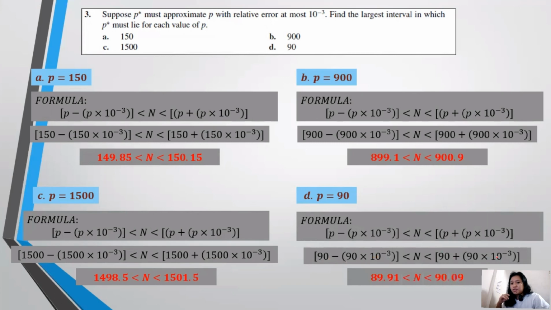So the answer here is n is greater than 89.91 but lesser than 90.09. So that is for the number 3 with a relative error of 10 to the power of negative 3, and these are the largest intervals between different values of our P.